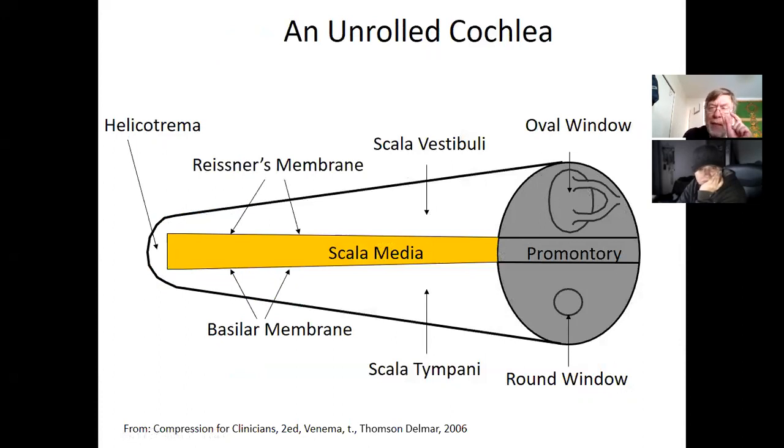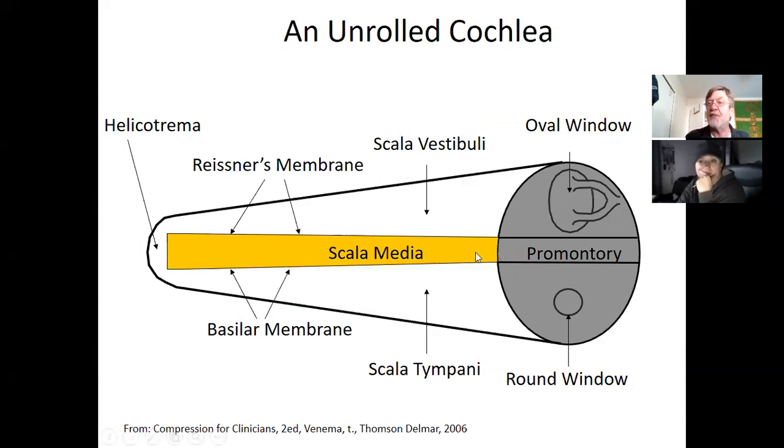And notice how the membranous labyrinth gets wider as you get toward the apex and narrower as you get toward the base. So this area has more mass and less stiffness. This area has less mass and more stiffness. This area on the left therefore resonates with low frequencies.